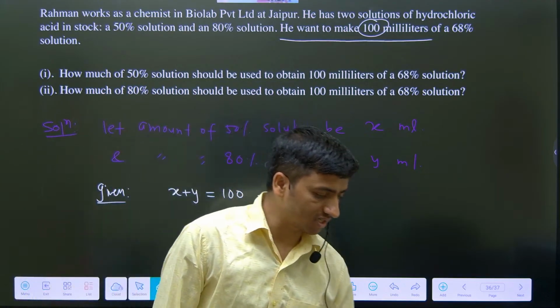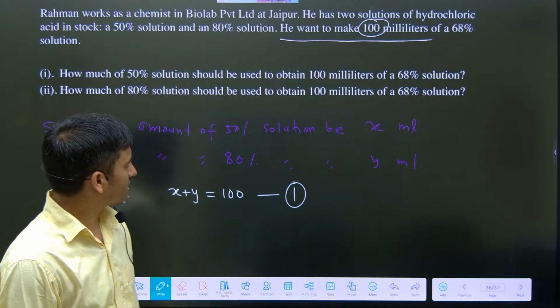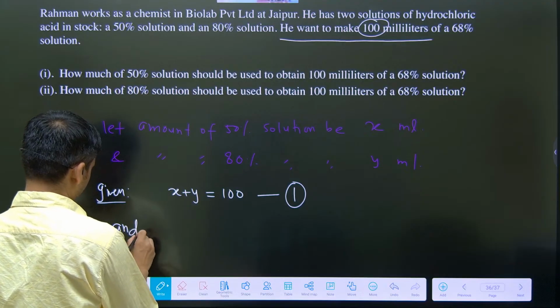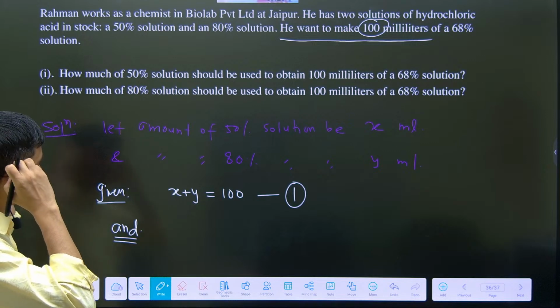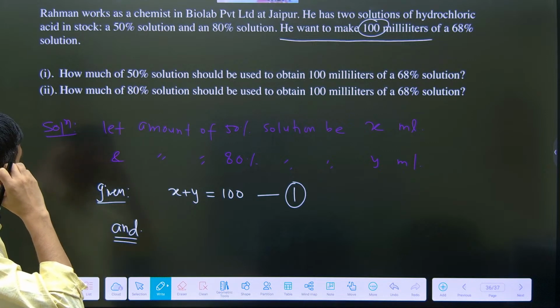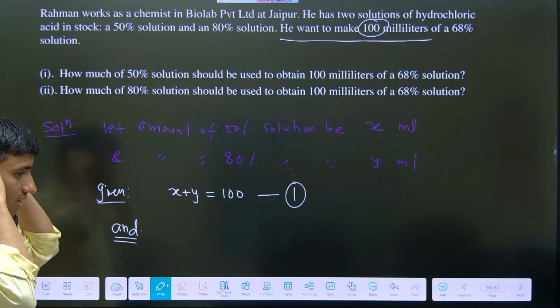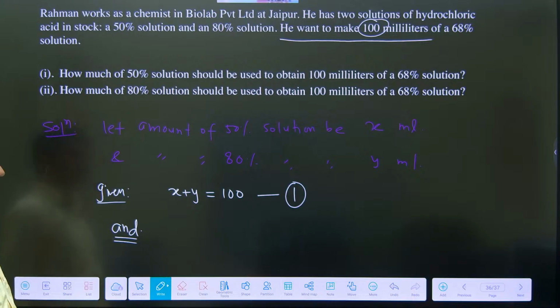That means 68% should be the concentration, right? And how do we get the second? Let's equate the hydrochloric acid in this, okay?